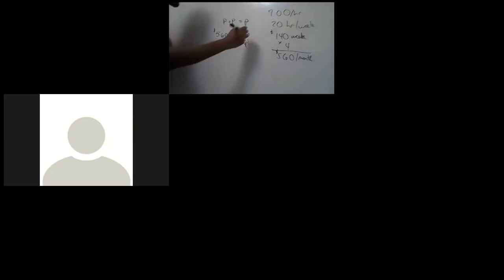Well, it's simple arithmetic. I'll make it a little simpler, down to 600. So 600 plus 800 is 1,400. And I'm going to put a plus here, positive 1,400.